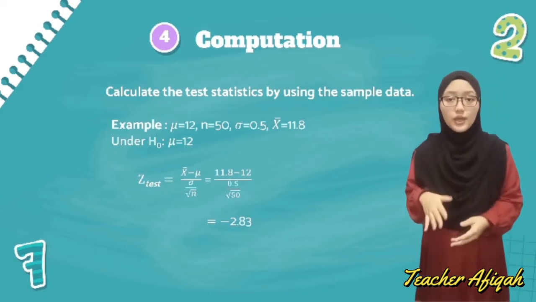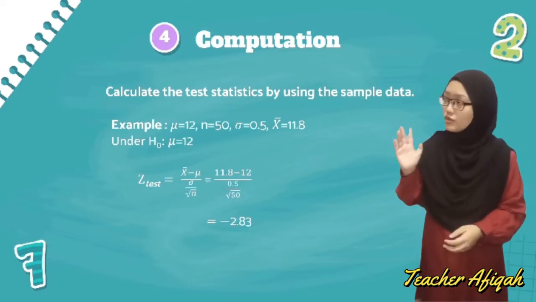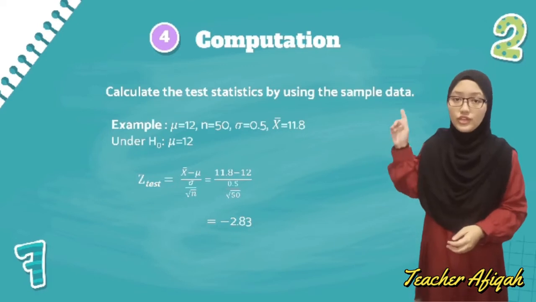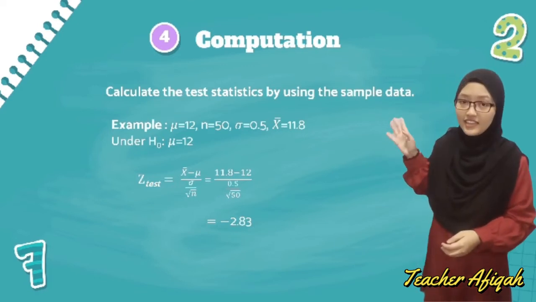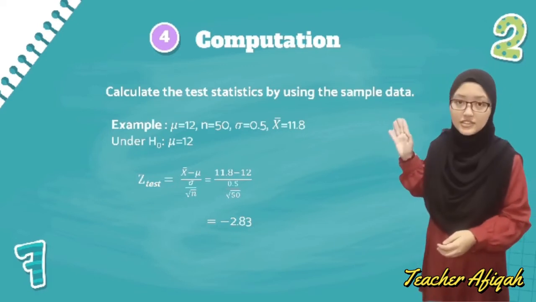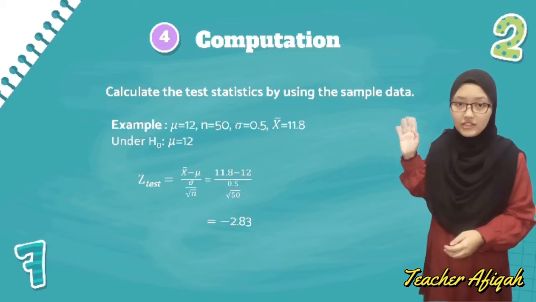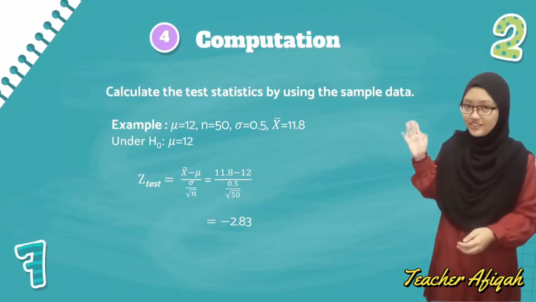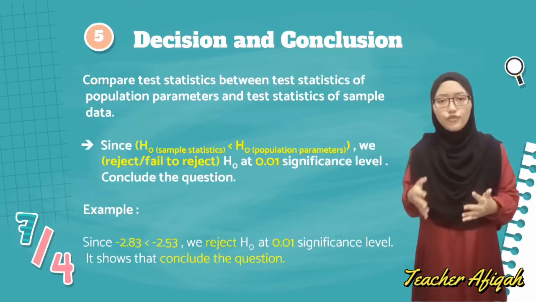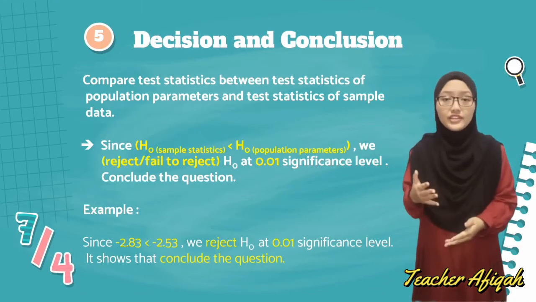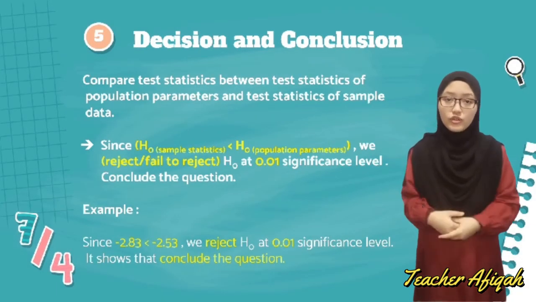So under the null hypothesis, mu is equal to 12. In this example, we use the z-test statistic to find the answer, and we get negative 2.83.